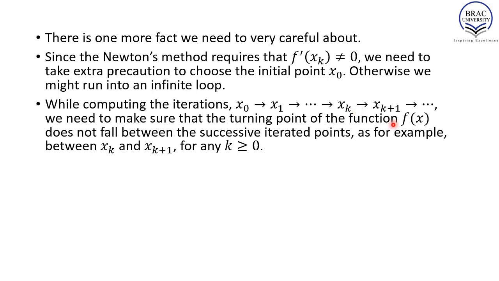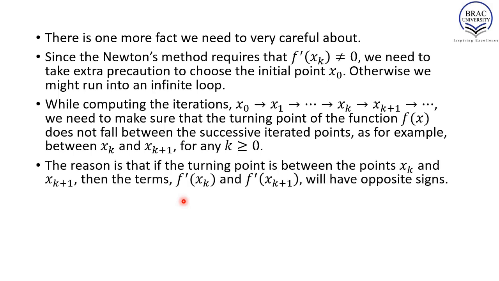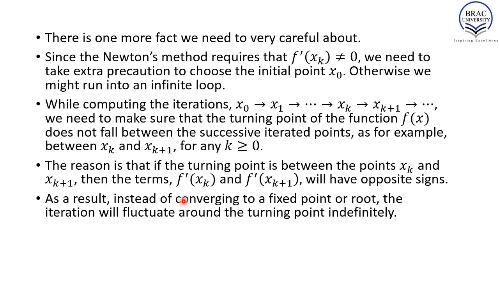Now we need to make sure that a turning point of f of x doesn't fall between any two iteration points, because in that case the slope at xk and the slope at xk plus 1 will have different signs, since the turning point is in between. One will be a positive slope, one a negative slope. If you continue the iteration, it will go back and forth between these two, from positive slope to negative slope to positive slope. So we might fall into an infinite loop. That's the danger here.